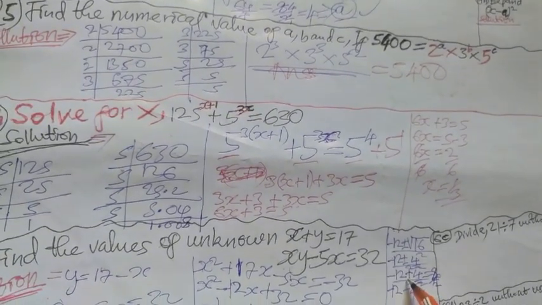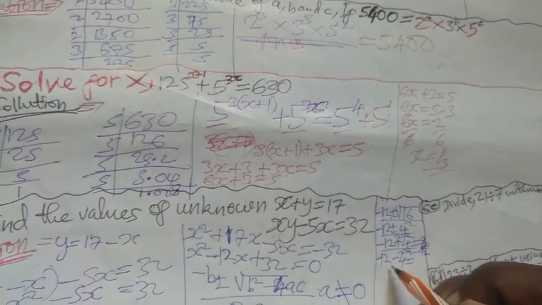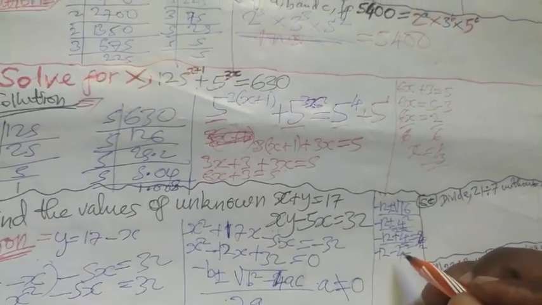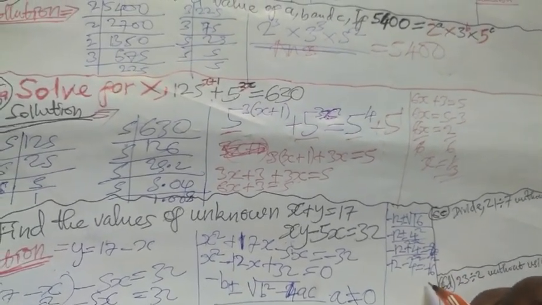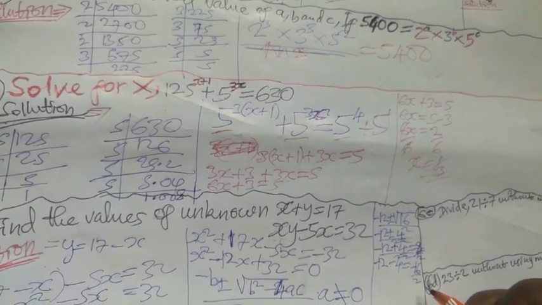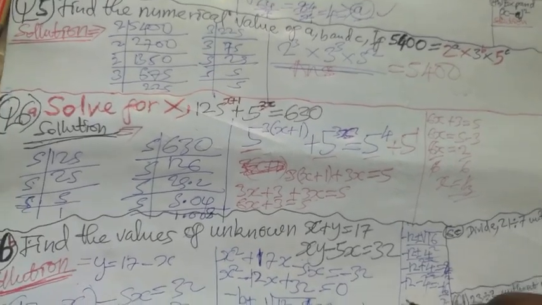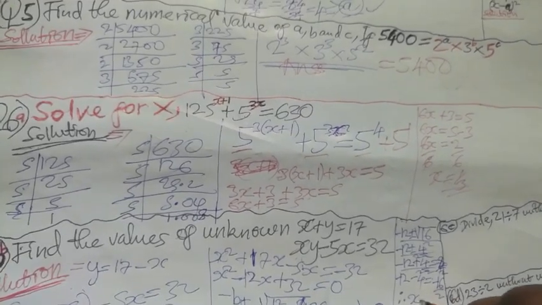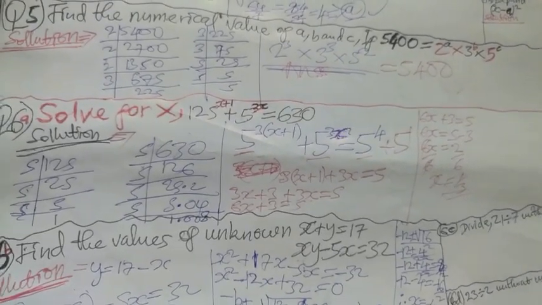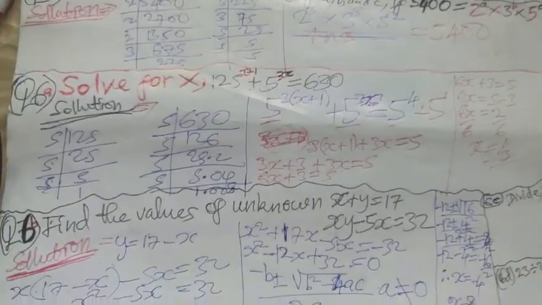And -12 minus 4 is -16. If we divide by 2, we get -8. Therefore, our final answer is x can be -4 or -8.